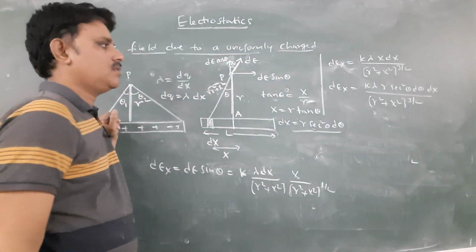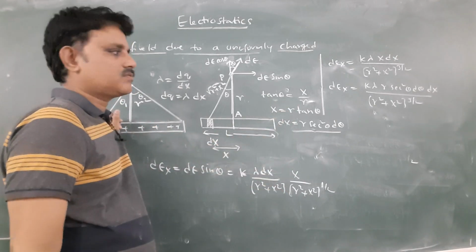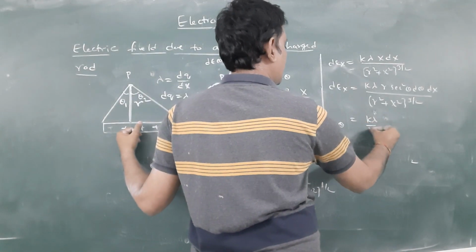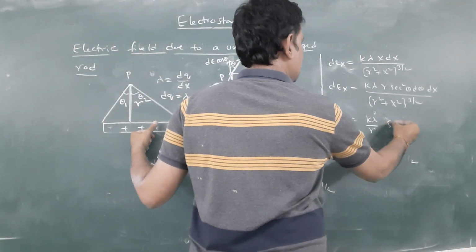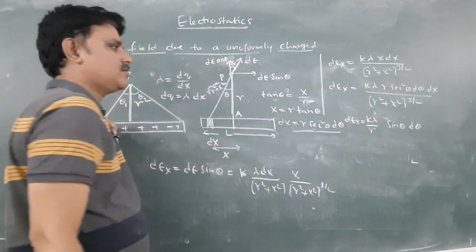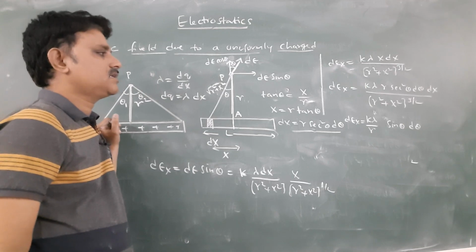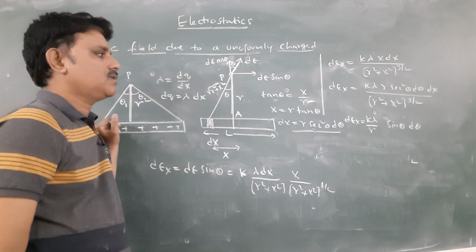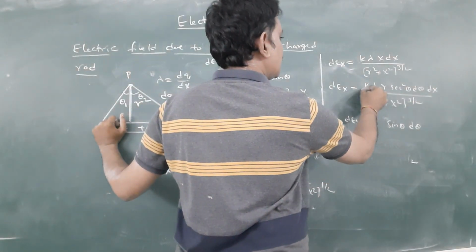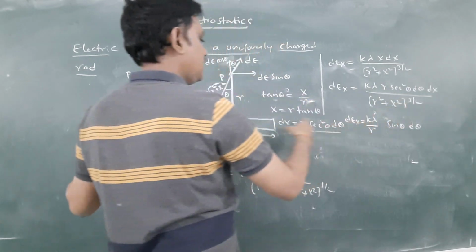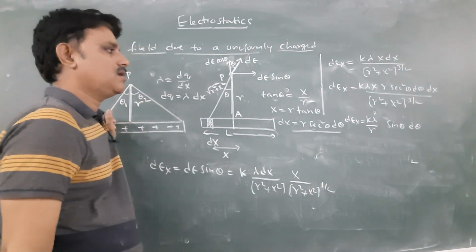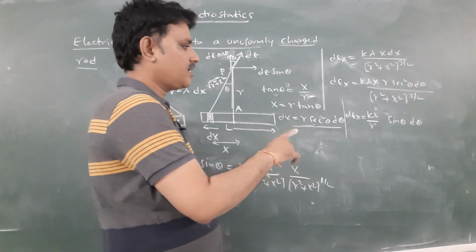If you substitute x is equal to r tan theta, then r square plus x square is r square secant square theta, the secant square theta is cancelled, and finally we get dEx is equal to k lambda by r into sin theta d theta.